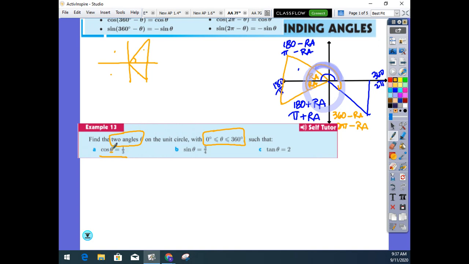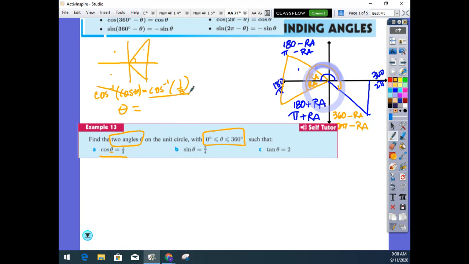Now, if I want to get theta by itself, what do I do to both sides to get rid of cosine? I'm going to take cosine inverse of both sides, because that cancels out, we're left with theta. Type cosine inverse of 1/3 on your calculator.